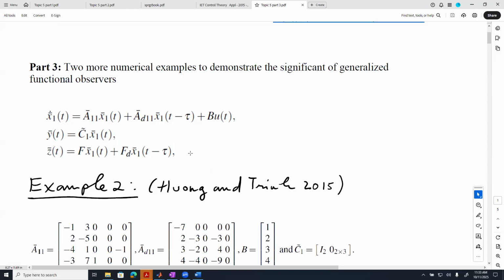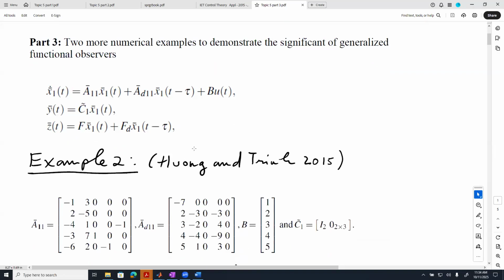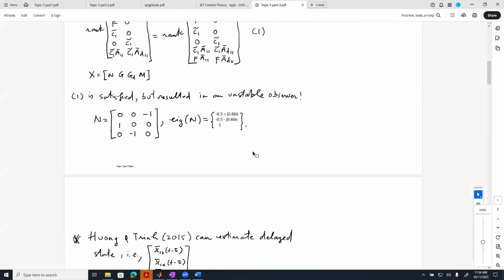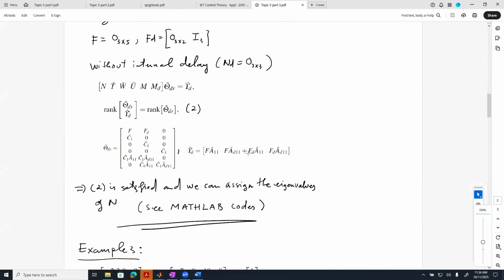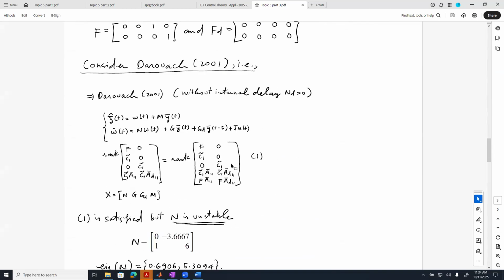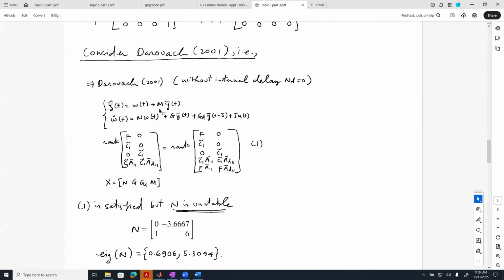So we have another option, because just like in this example, if the internal delay observer does not exist using these existing methods in the literature, the other option is to look at the one with an internal delay, realizing it where the error dynamic equation is dependent on the time delay and so on.